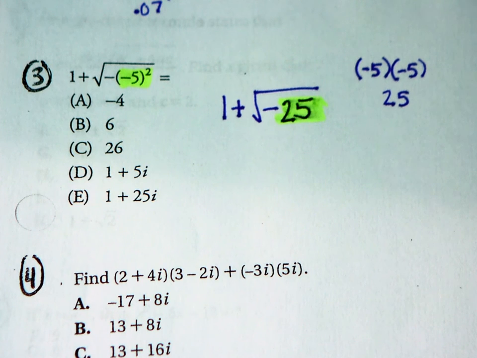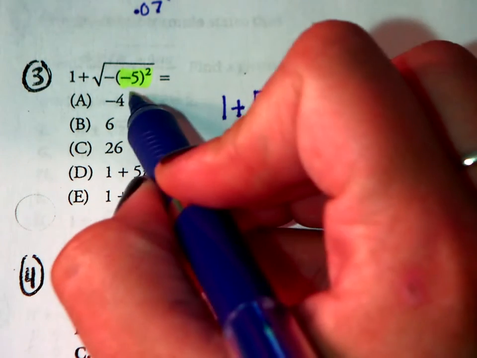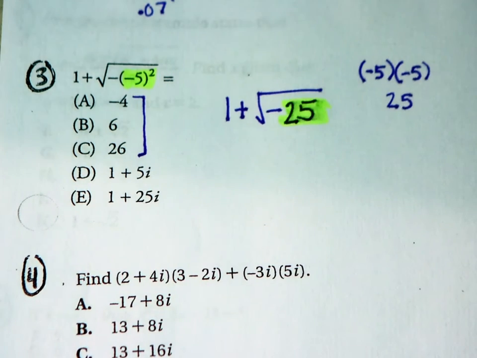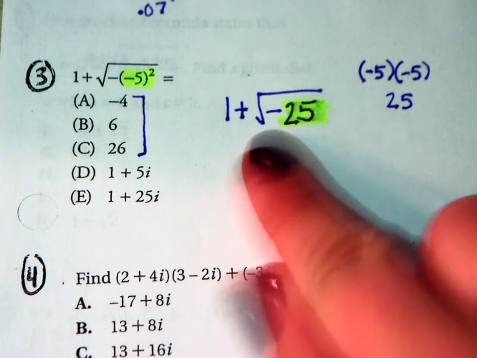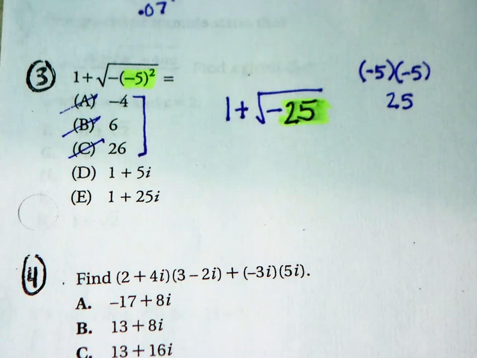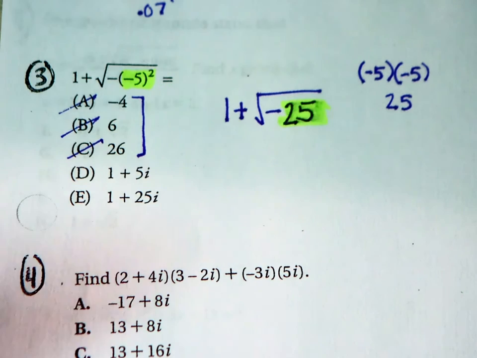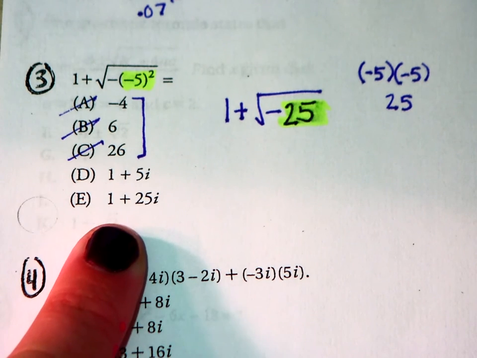Looking at our answer choices, forgetting about imaginary numbers would cause you to pick A through C. But my mind should go to imaginary because I have a negative underneath the square root. So A, B, and C are automatically out because they don't have i in them. The difference between D and E is that in E, they forget to actually square root the number.